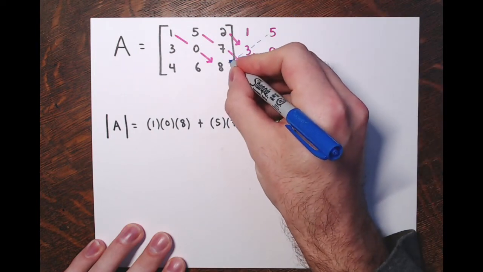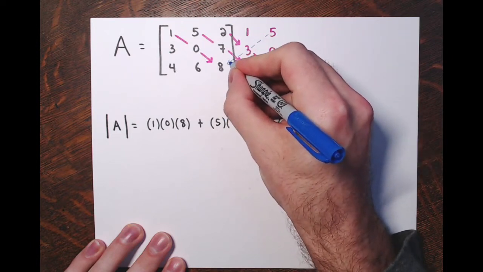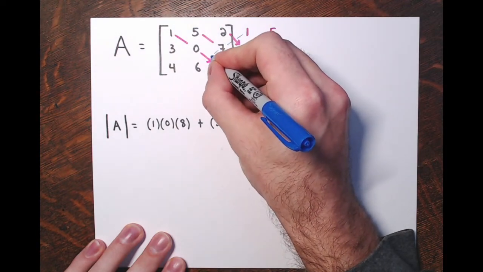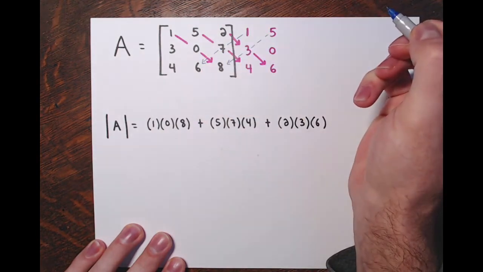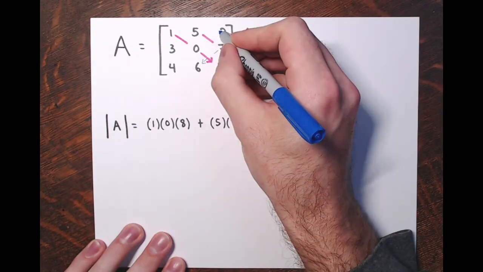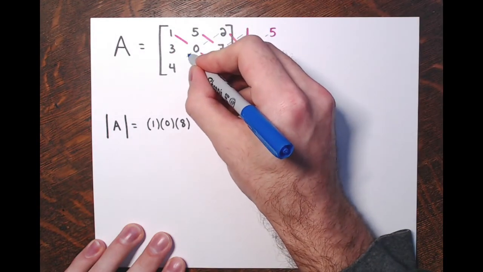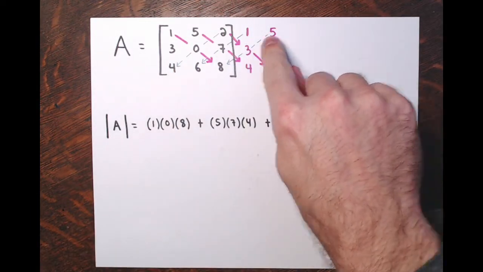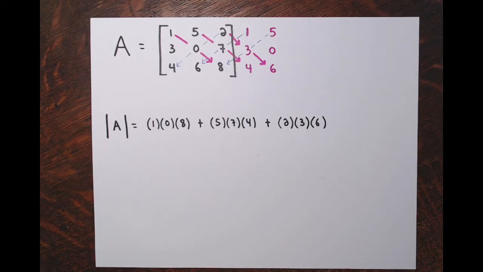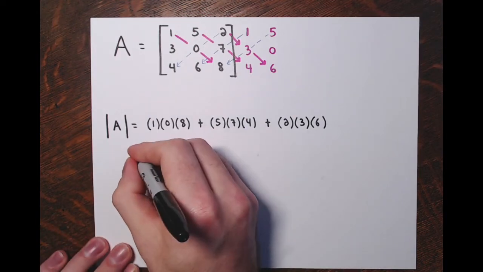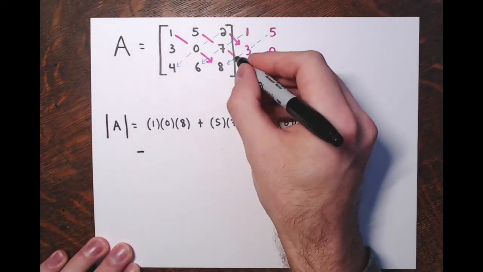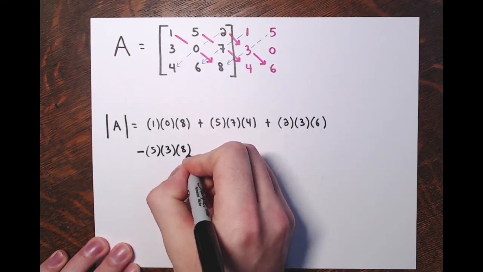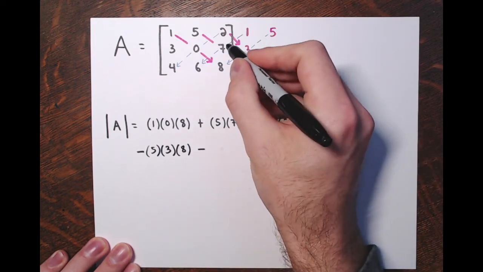So 5 times 3 times 8, then subtract 1 times 7 times 6, then subtract 2 times 0 times 4, doing the diagonals going down and to the left. So down here, I'll go minus 5 times 3 times 8, minus 1 times 7 times 6.